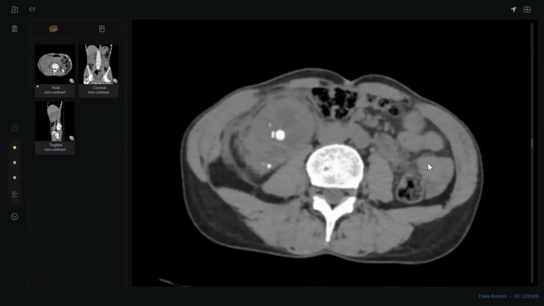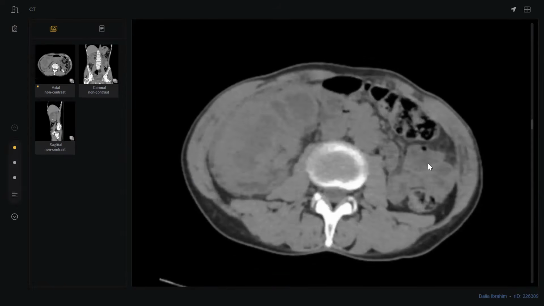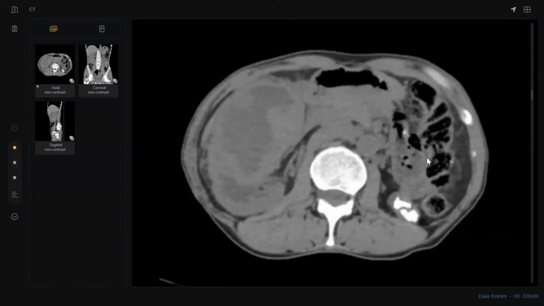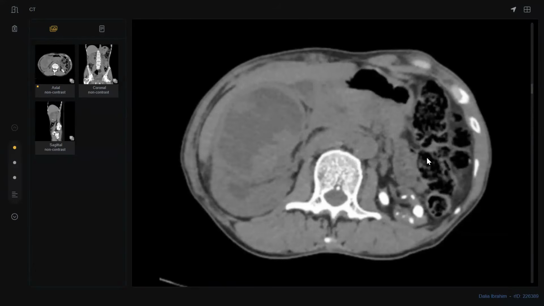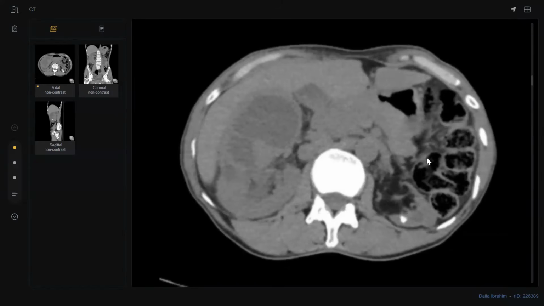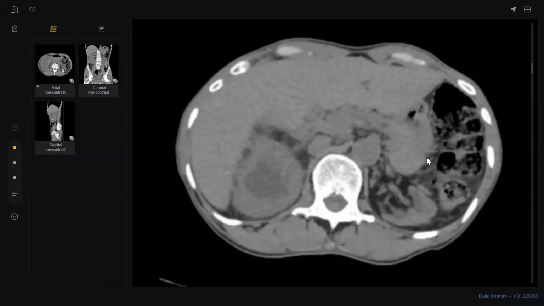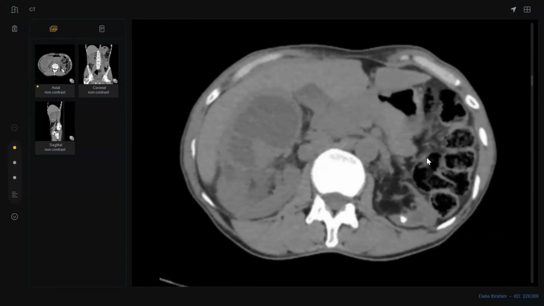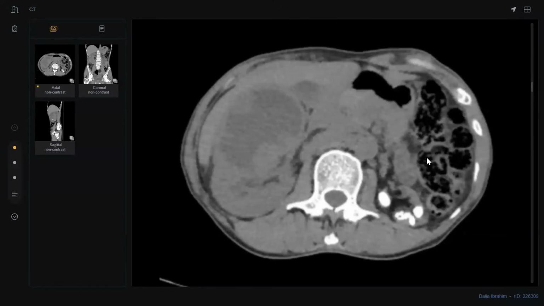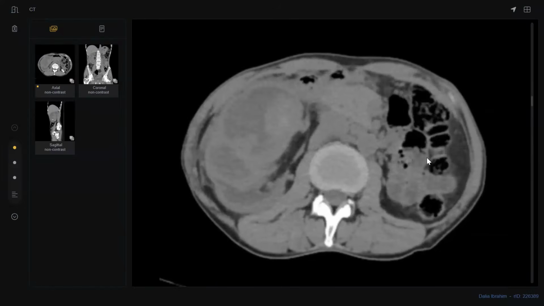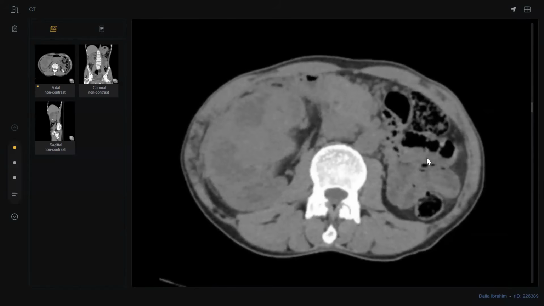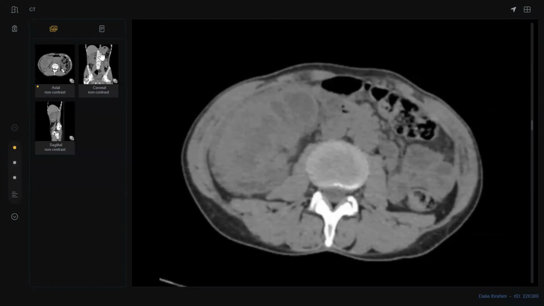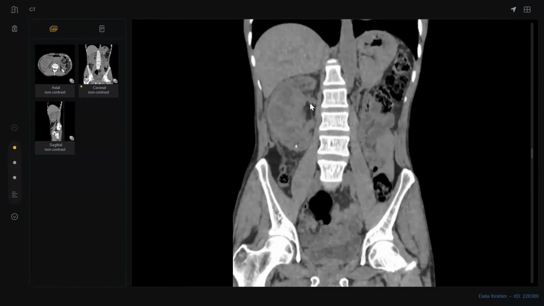What do you think about this finding? I feel it is some obstruction of the right renal system, causing multi-calyceal dilatation. I couldn't appreciate any staghorn stone, but I'm looking at the ureter. I couldn't appreciate the right ureter. One second. Look, yes. Okay.